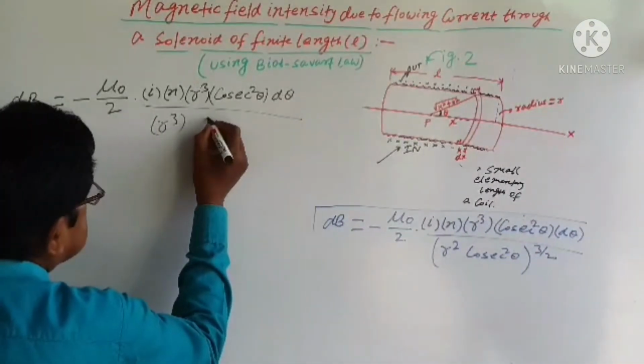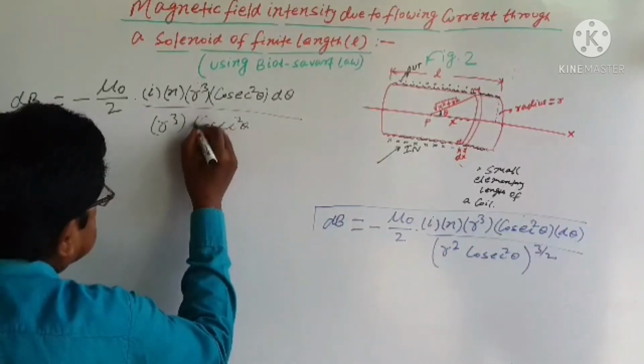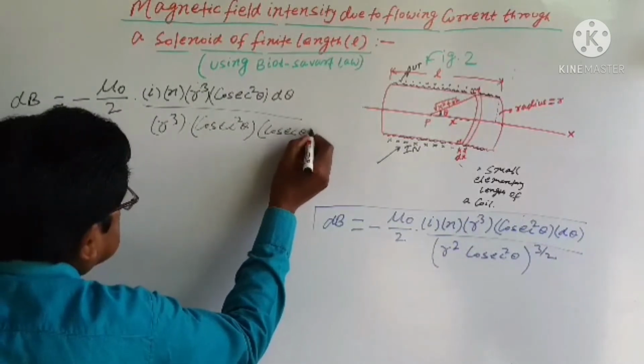So, we may write it cosec square theta multiplied by cosec theta.